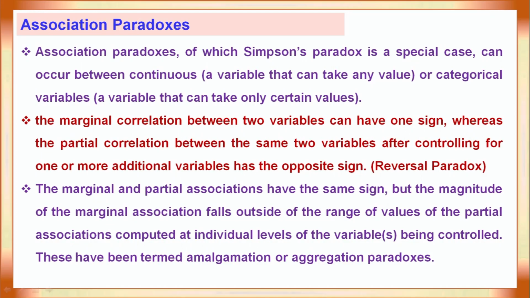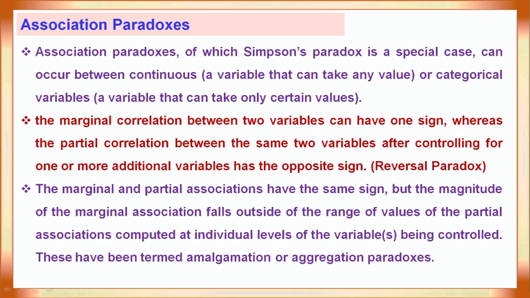Or maybe both the marginal correlation, meaning the Pearson product moment one-to-one correlation, and the partial correlation give the same sign, the sign will not change, but the magnitude of the marginal association falls outside the range of values of the partial association. Like when you calculate the partial correlation between a number of variables with the independent variables, maybe the attitude, the correlation may come like 0.7.